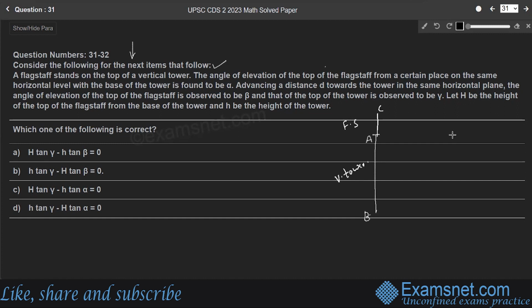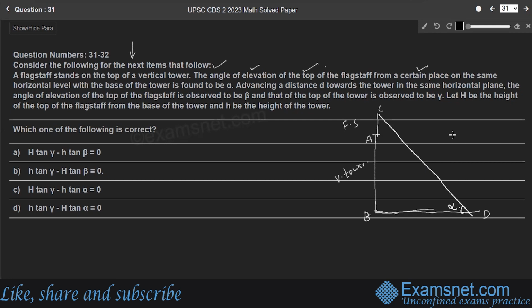The angle of elevation of the top of the flagstaff from a certain place on the same horizontal level. So we'll consider a place on the ground, let it be D. From that place, the angle of elevation of the top of the flagstaff, which is angle CDB, is alpha.